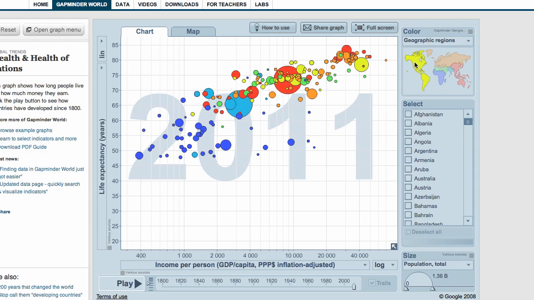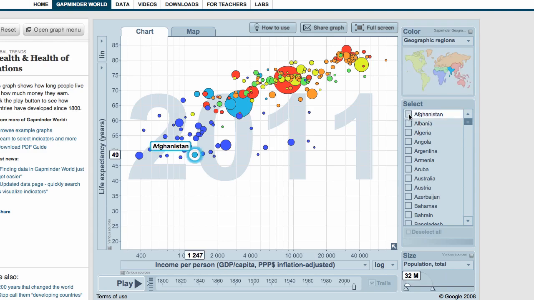You can look over here and you can see that all of the yellow dots represent information from North America and South America. The orange represents Europe and Central Asia, the blue Sub-Saharan Africa. And so it allows you to do an analysis both individually by countries.